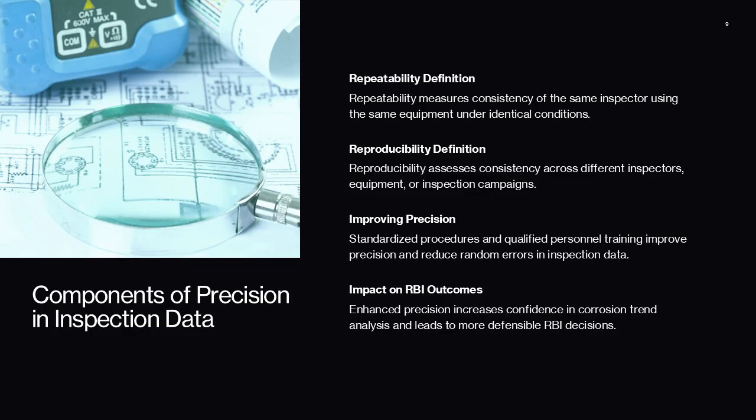API guidance highlights the importance of standardized procedures, qualified personnel, and training to improve both aspects of precision. Improving precision reduces random error, enhances confidence in corrosion trends, and supports more stable and defensible RBI outcomes.